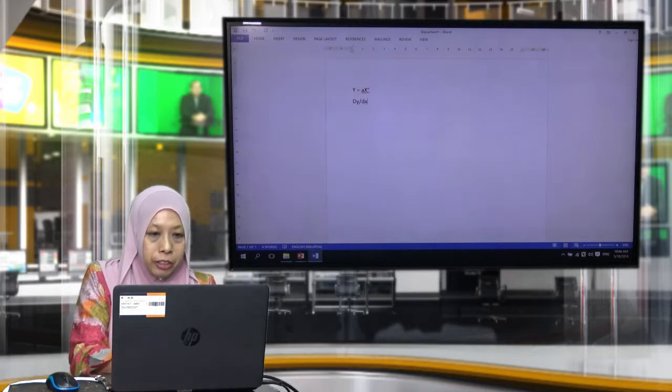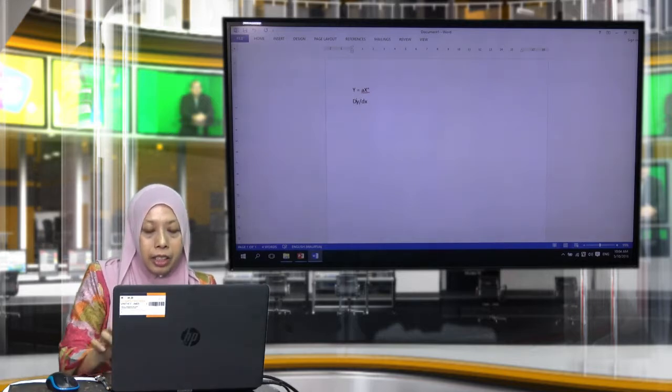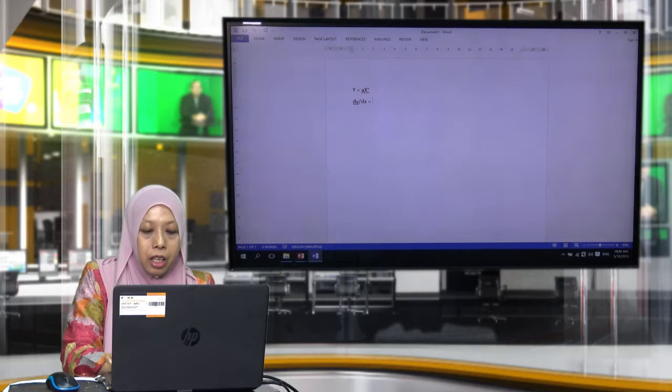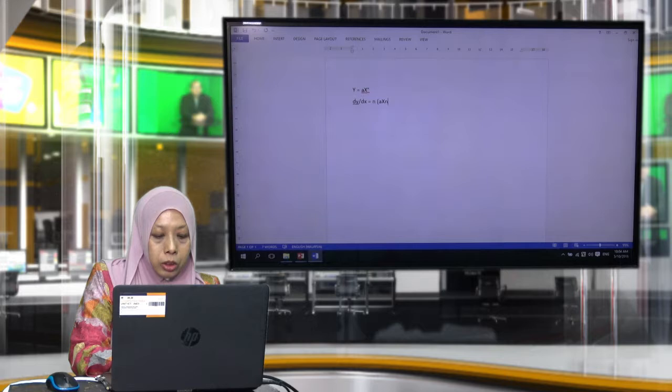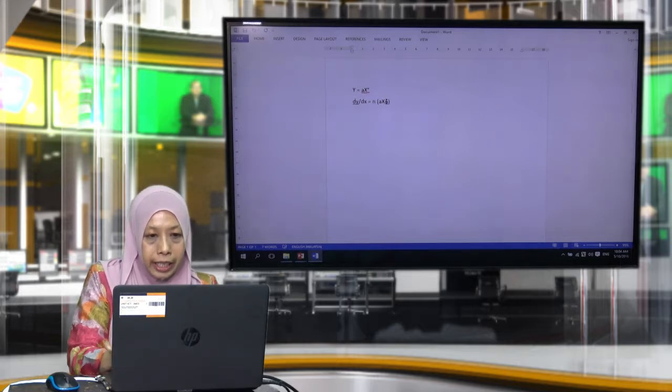To differentiate your y function, what you need to do is first of all bring down your exponent n. The second step, you need to write down the original function. What's the original function? ax^n.